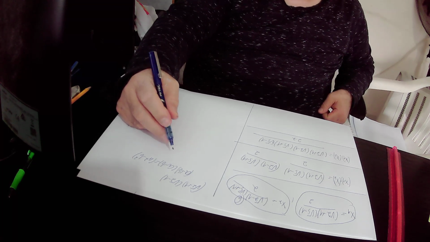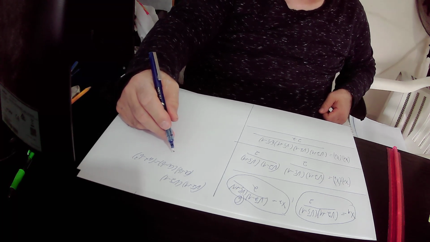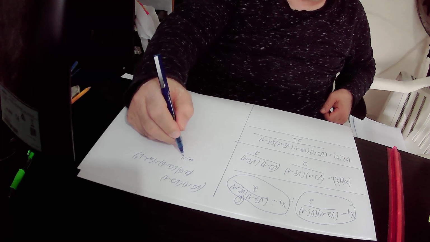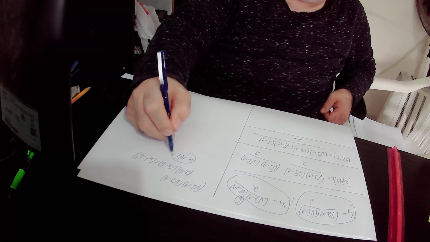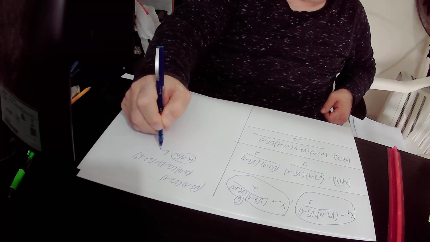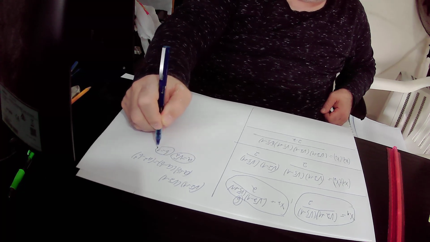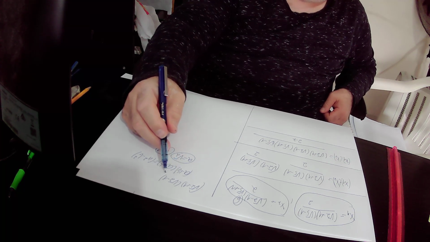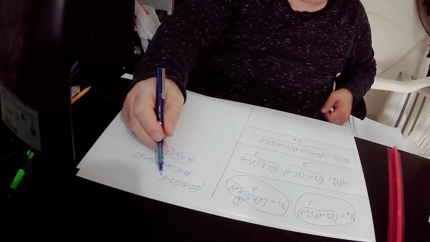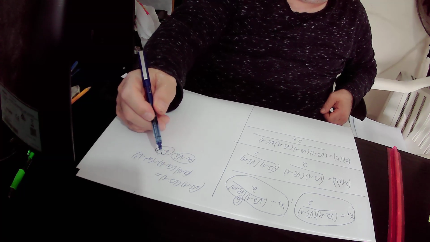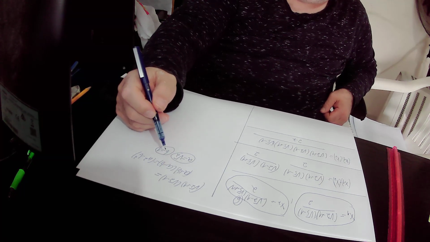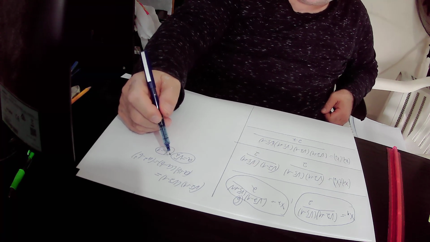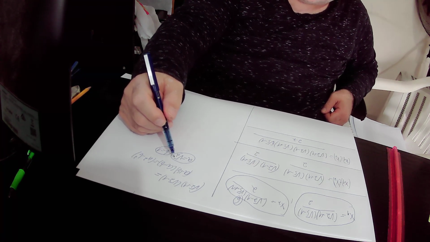In our specific expression, a equals square root of 2 and b equals 1.